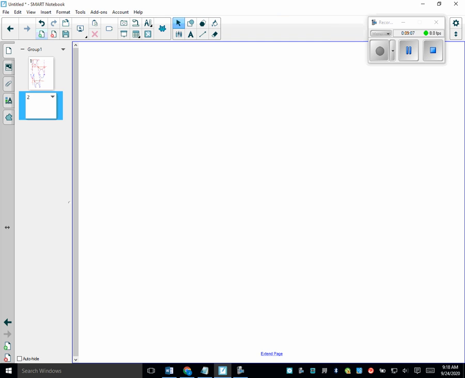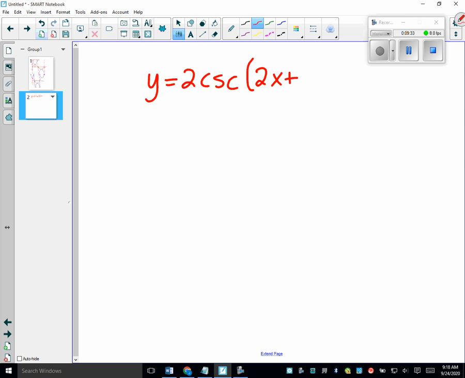Now you're all going to have to think how to put this one in your calculator. Because can I give you a hard one? Y equals 2 cosecant 2x plus pi over 4 plus 1.